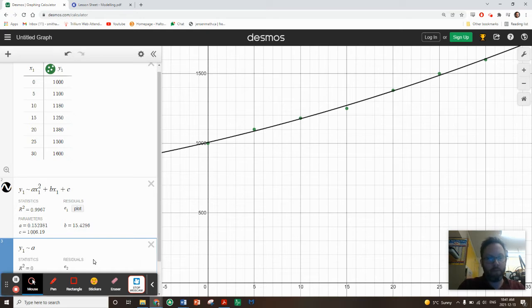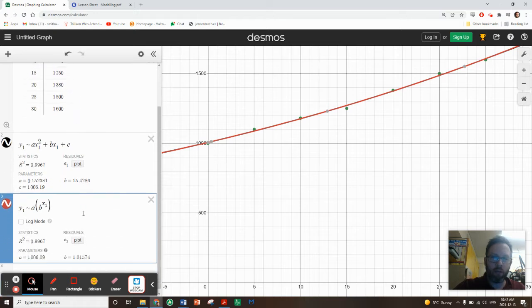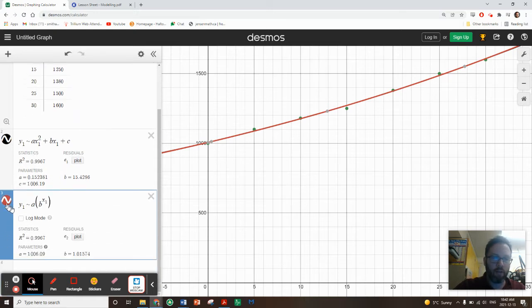So parameter a, brackets, b, power of, and Desmos does that just fine. Close it off. And you can see we get parameters a, about 1,006, and the rate of exponential growth, b, is 1.0157, so about a 1.6% rate of population growth.